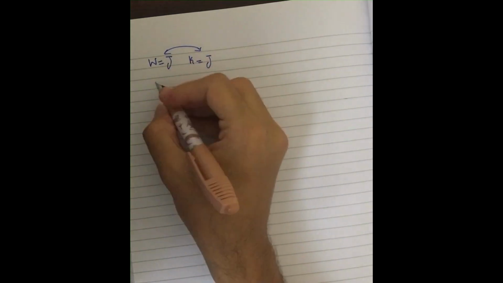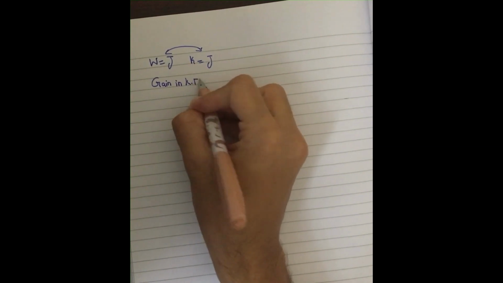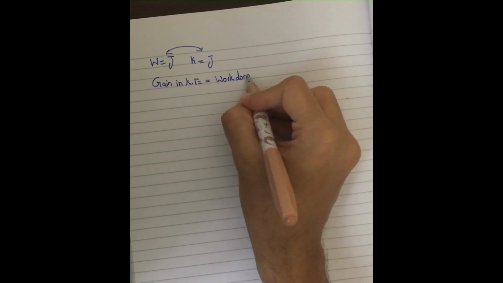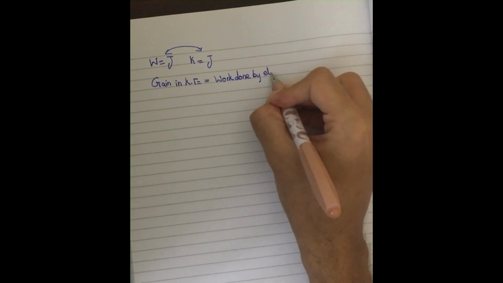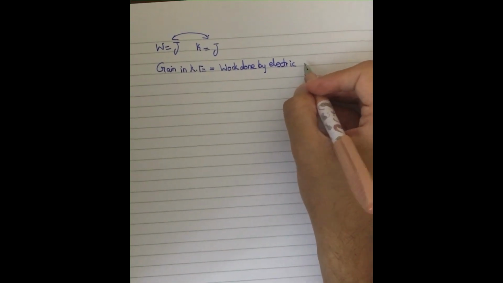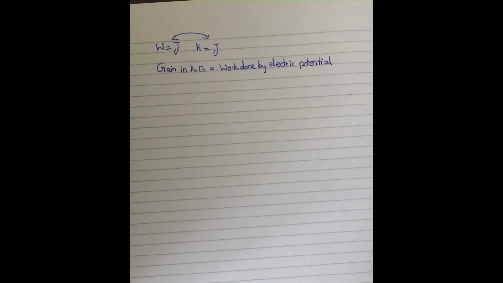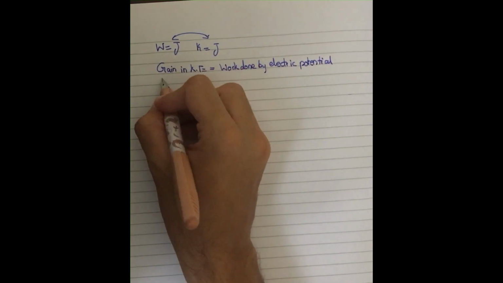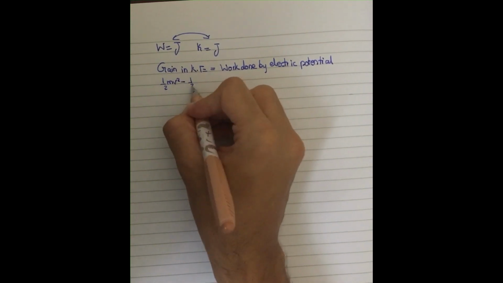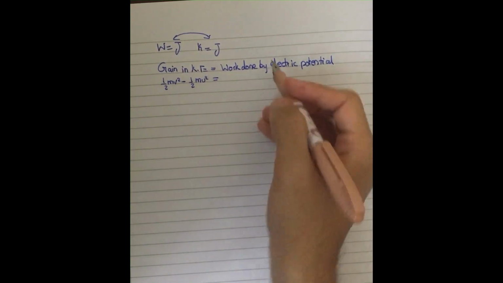So we're going to use gain in kinetic energy equals work done by the electric potential. Gain in KE is final minus initial, so this is my final and this is my initial: half m v squared minus half m u squared, where u is my initial and v is my final.